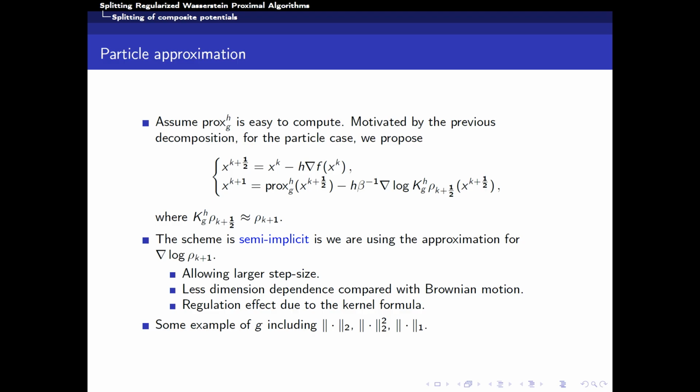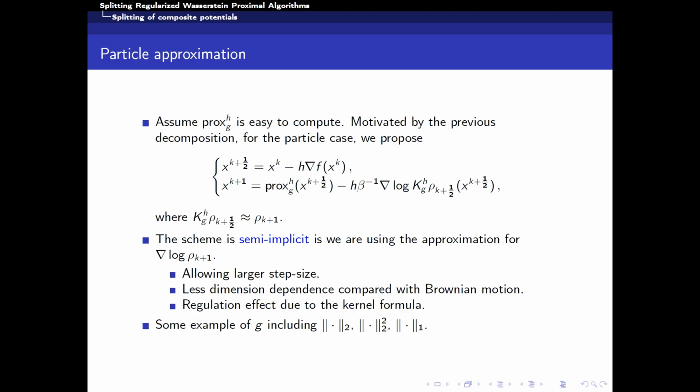So in that case, you see that the first step is simply the gradient descent with respect to the smooth energy term F. And the second is some kind of so-called semi-implicit step. In the first part, we are using the proximal operator, which is the implicit gradient descent corresponding to the function J. And for the second part, we are using the regularized Wasserstein proximal operator.